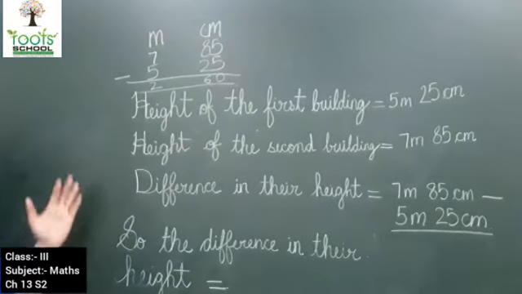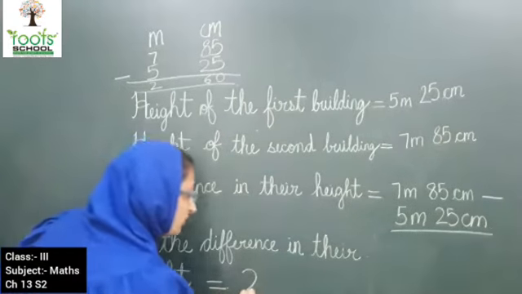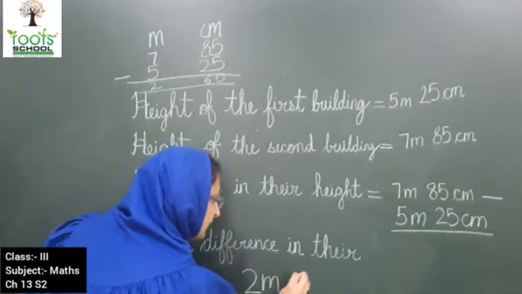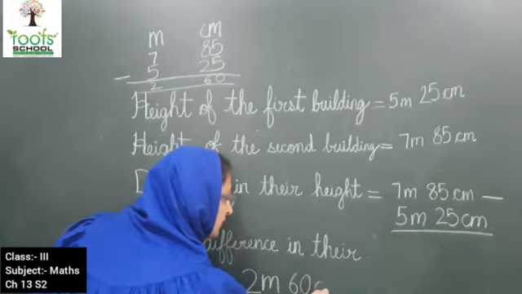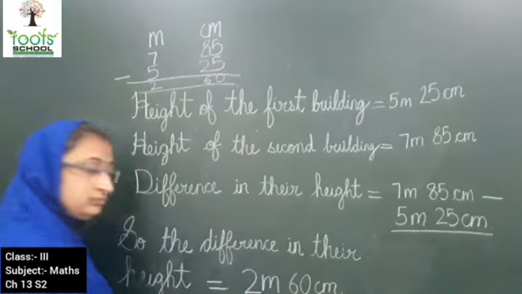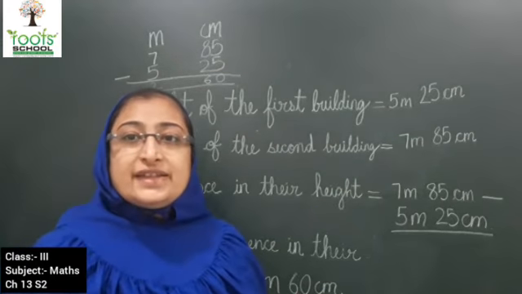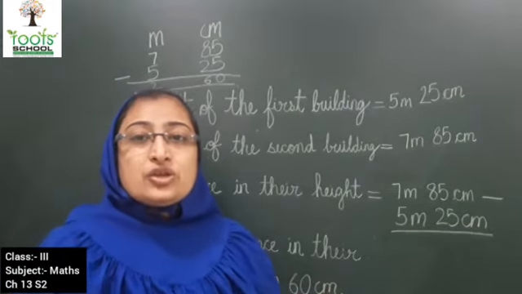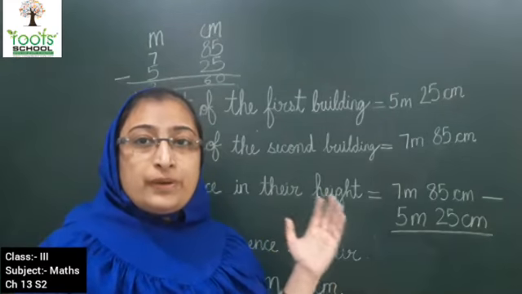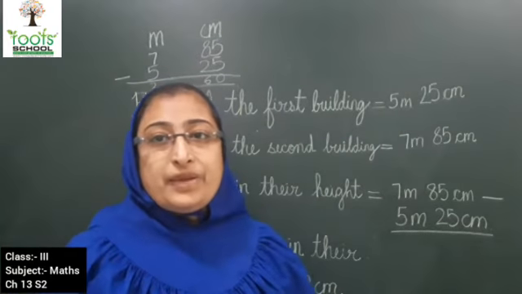So what is the difference? It is 2 meter 60 centimeter. What is the difference? It is 2 meter 60 centimeter. So kids, this problem you have to solve in your maths copy.